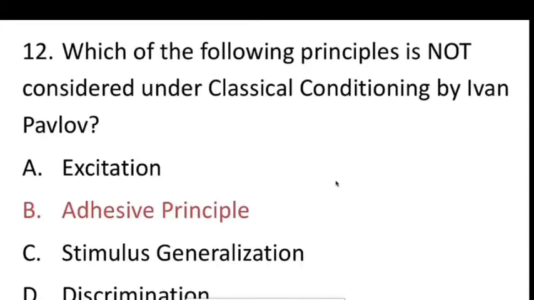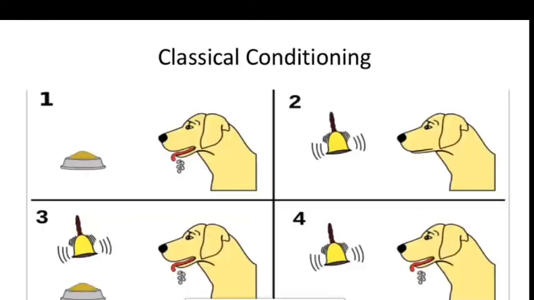Now, let me just explain classical conditioning according to Pavlov. Maaring you can still remember Pavlov's dog. Okay, so sabi ni Pavlov, you can actually condition, you can actually teach a person how to behave by trying to condition the mentality, the actions of that person. So, in the case of Pavlov, gumamit siya ng dog, no?